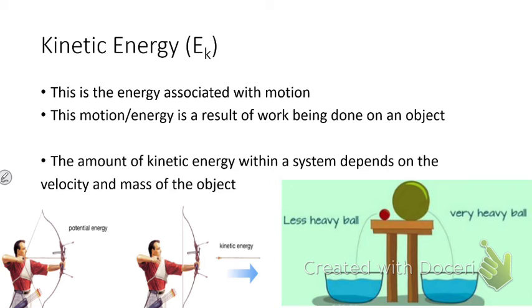If you play billiards or pool, the balls on the table are not going to move unless you shoot the cue ball at them. You have to do work to move those balls on the pool table. The amount of kinetic energy depends on the velocity and mass of the object. So kinetic energy is 1/2 mv squared.